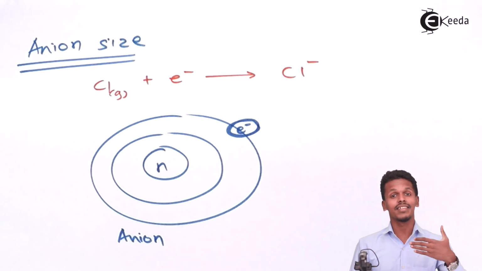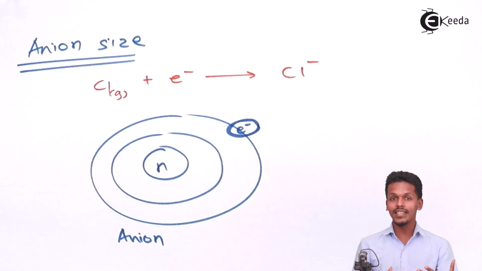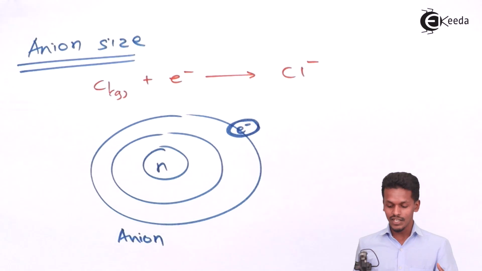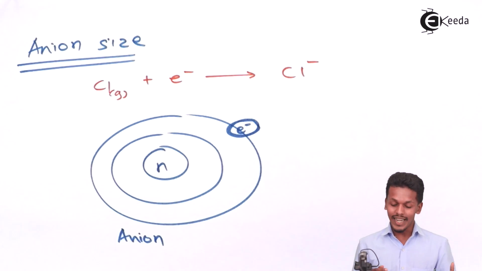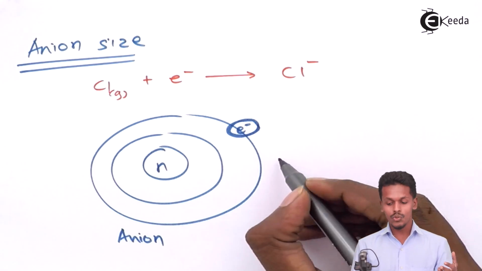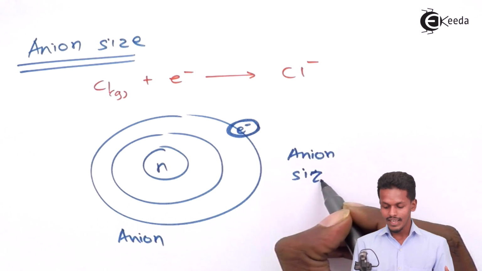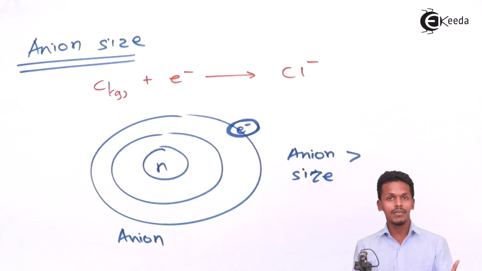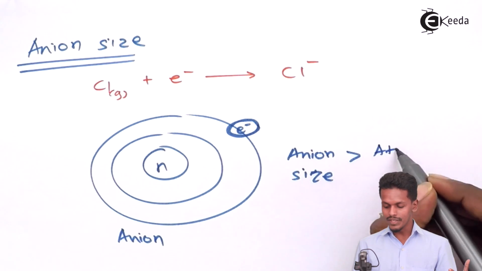As we said earlier, if the nuclear charge is less, then the atomic size will be more. Therefore the size of this chlorine anion will be more. So that makes us know that the anionic size is greater than the atomic size.